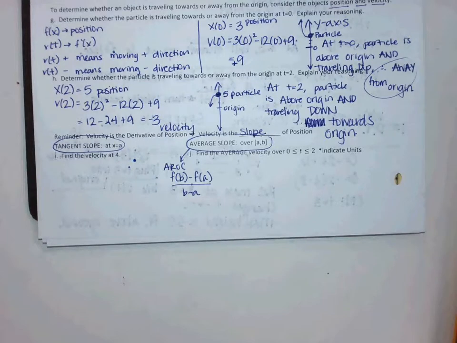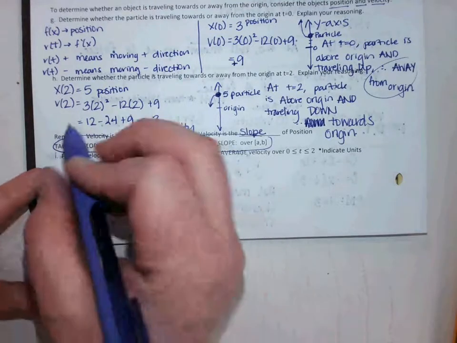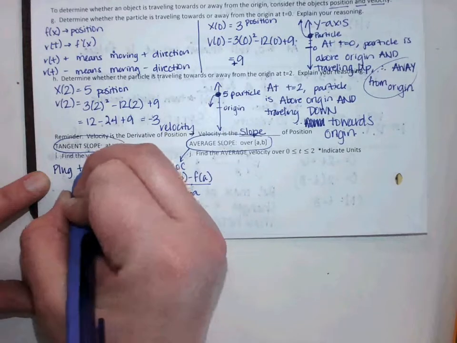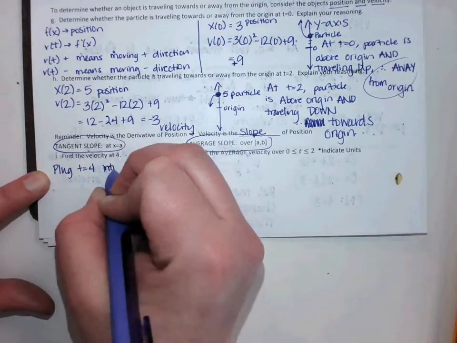Okay, average slope or average rate of change, remember rate of change and slope are the same, both types of slope. If you are finding the velocity at 1 x value, you are going to plug t equals 4 into velocity.